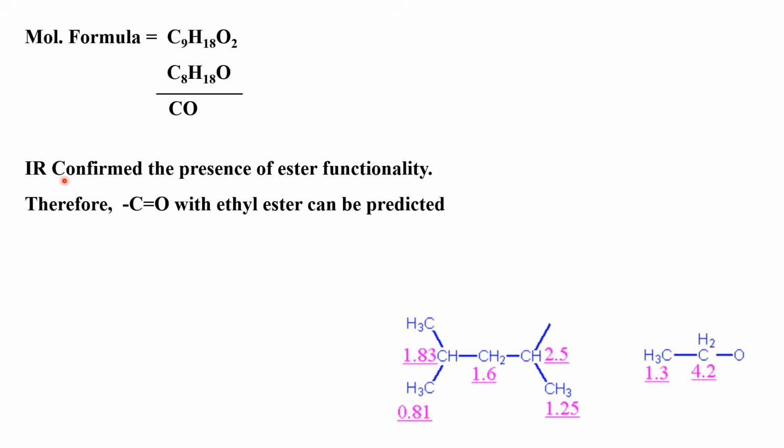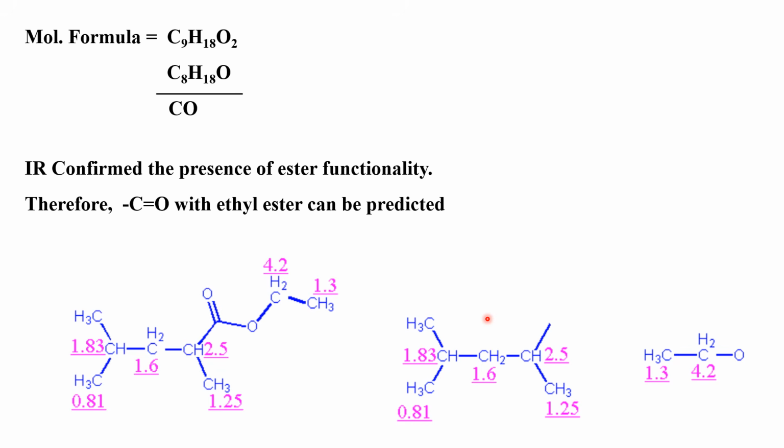As you may recall from the IR, we have confirmed the ester functionality. So the missing component is the carbonyl group of the ethyl ester. So let us connect this carbonyl with these two fragments and obtain the structure of the compound.